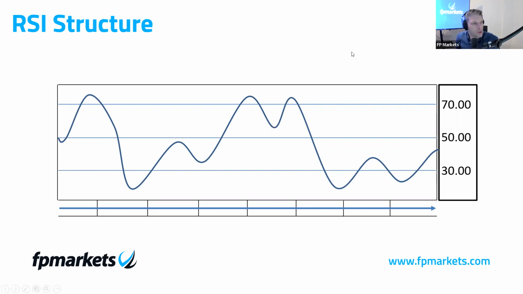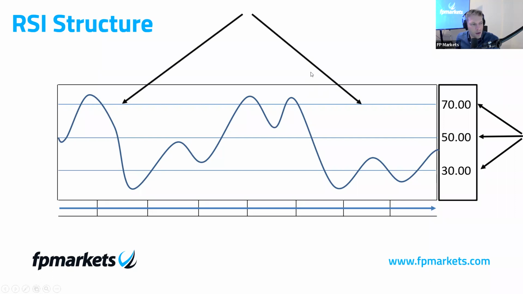We also have notable levels marked at 70, 30, and 50. More on the uses of these levels a little bit later. Now, a reading above 70, as shown on the slide, is considered overbought, and moves below 30 are viewed as oversold. Again, more on this later.